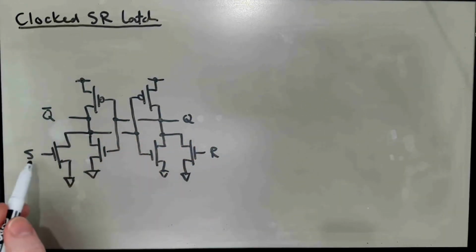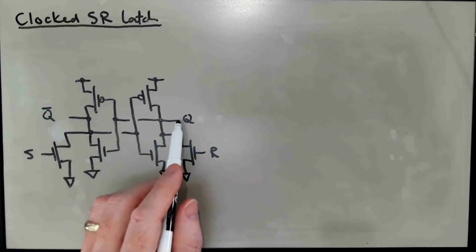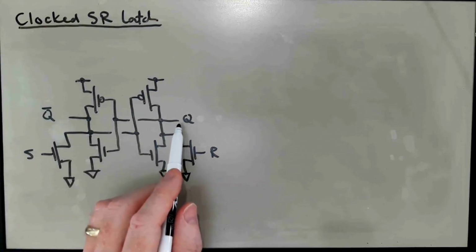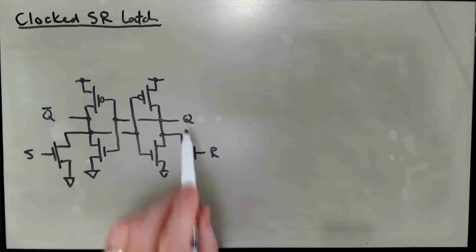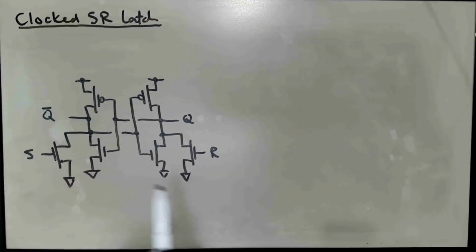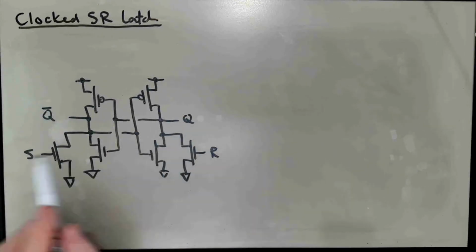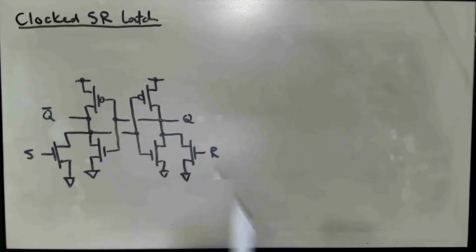And basically anytime S was asserted, Q would be set high, and anytime R was asserted, Q bar would be set high and Q would be set low. In other words, the state of this latch would be set when S is asserted and reset when R is asserted.